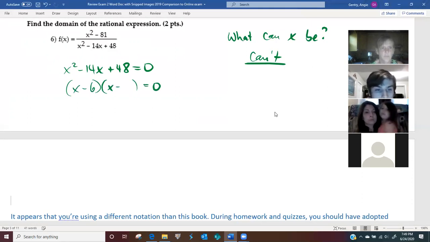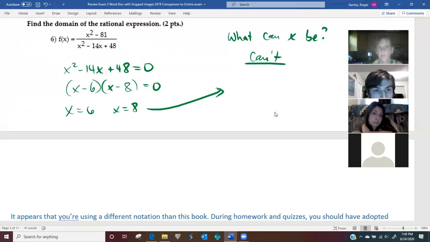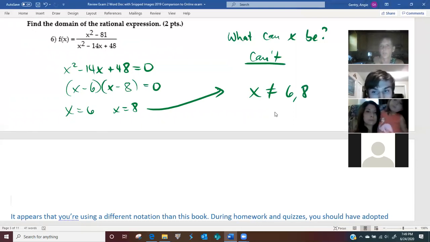So x is 6 and x is 8. And then you're actually going to come over here and say x cannot be 6 or 8, because if you plug them into the original, it's going to cause a 0, and that is not allowed.